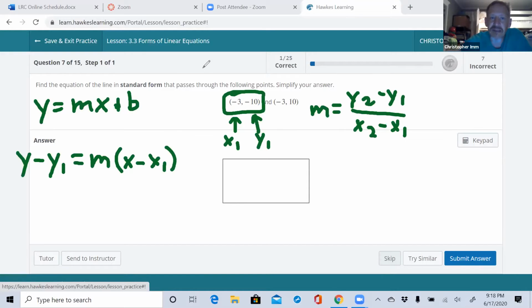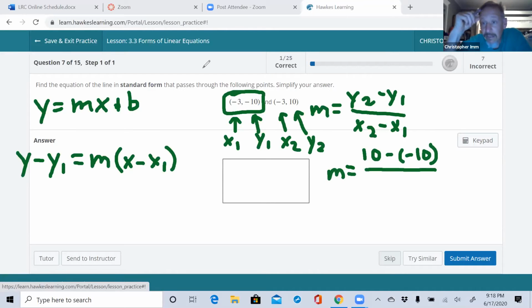In this case, this is my second point, x2 and y2, so I'm going to have 10 minus negative 10 for the slope, over, now I can label either point x1, y1, x2, y2, but I have to be consistent. So I've done y2 minus y1, and I do x2 minus x1.